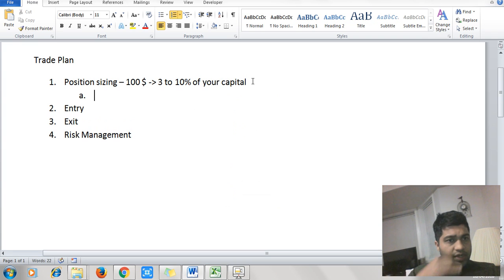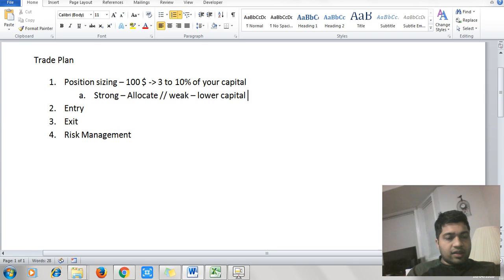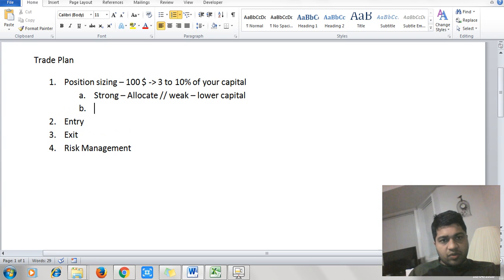Now how to do it: if you strongly believe in the trade, if your feelings are strong, then you allocate higher capital. If your analysis indicates a weak trade, then you allocate lower capital. But in any given position, you will not cross 10% of your capital.